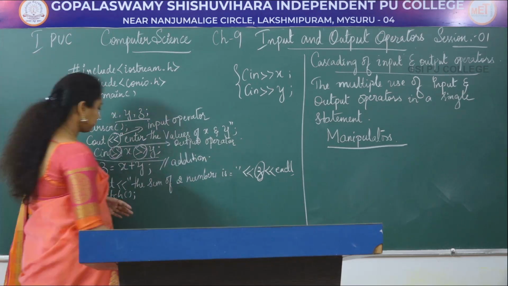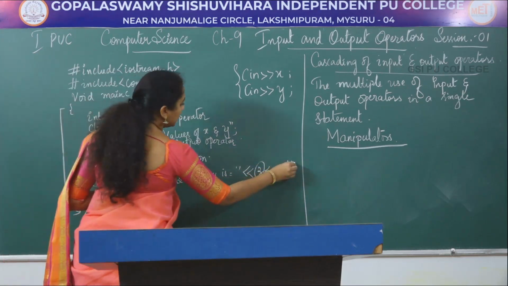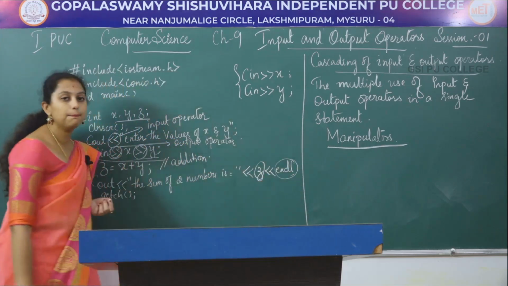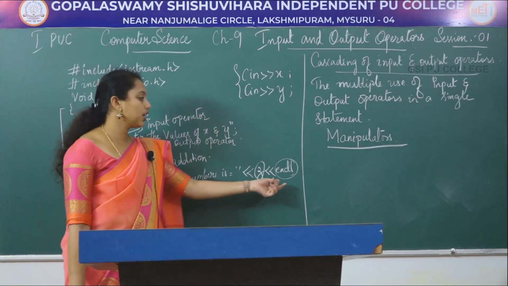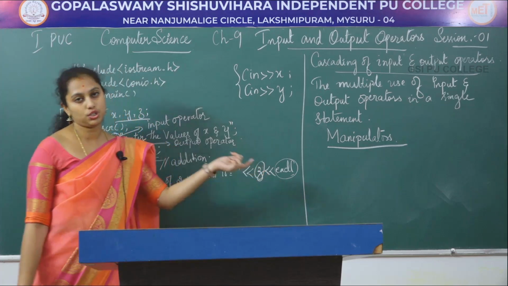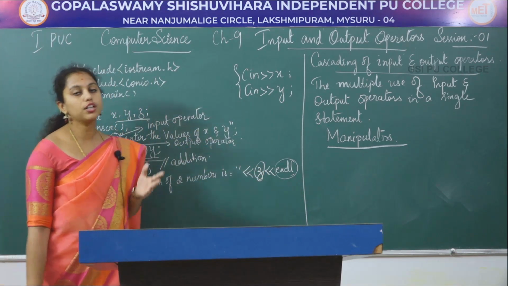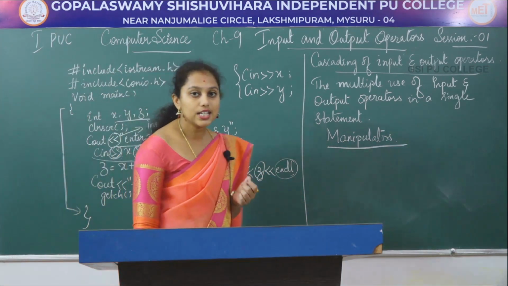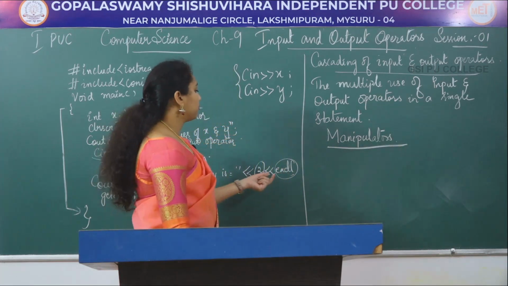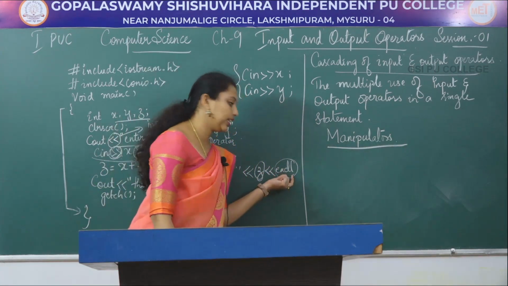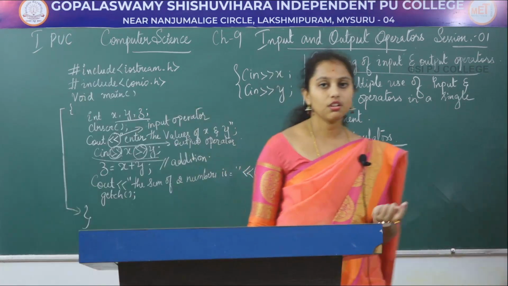See here, I have used endl here. So here endl is a manipulator I have used along with the stream insertion operator to modify the output on the display screen.